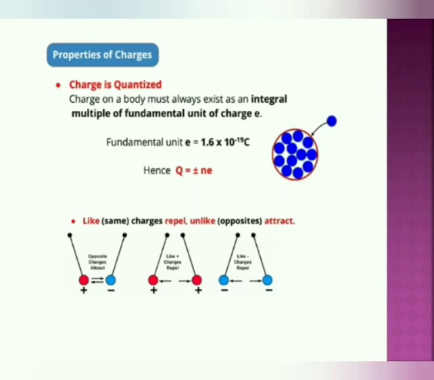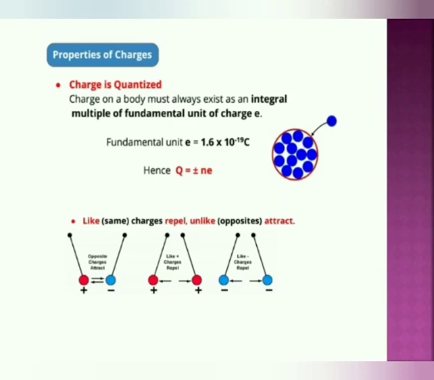The formula I have written is Q = ±ne, where Q denotes the total charge on a body, n represents the number of free electrons, and e is the charge on an electron. The fundamental unit of charge means the minimum amount of charge that a body will possess. This is the minimum quantity of charge. What is the value? 1.6 × 10^-19 coulomb.